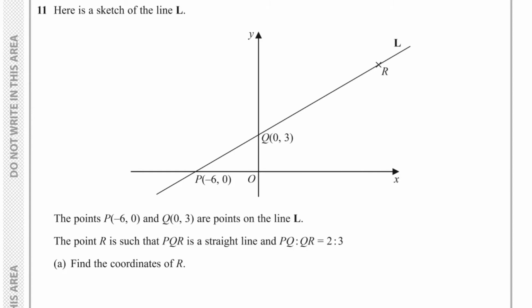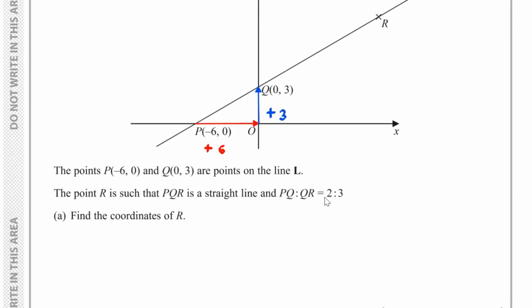Well, if I think about it, from P to Q, I'm going +6 in the X direction, and in the Y direction I am going +3. And so what I have to do here then, to find out what the coordinates of R is, I would have to multiply by 1.5.